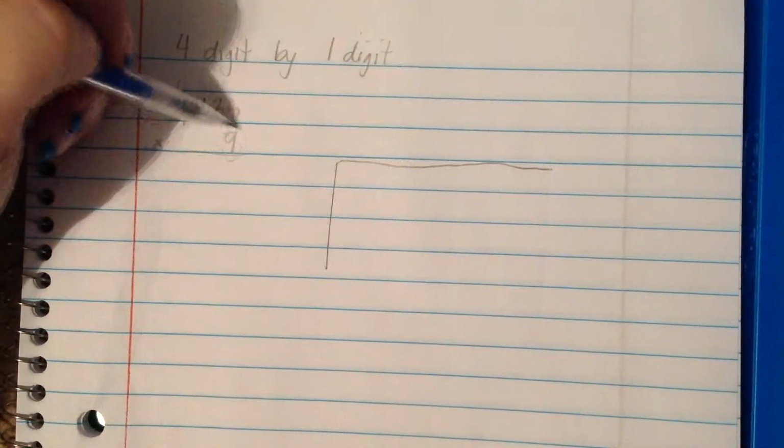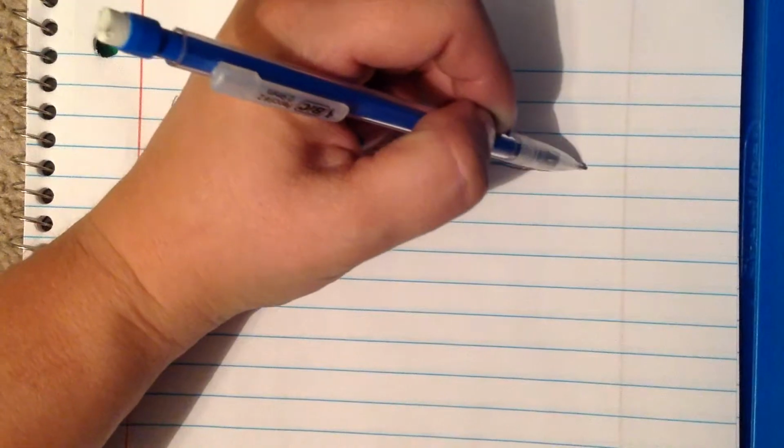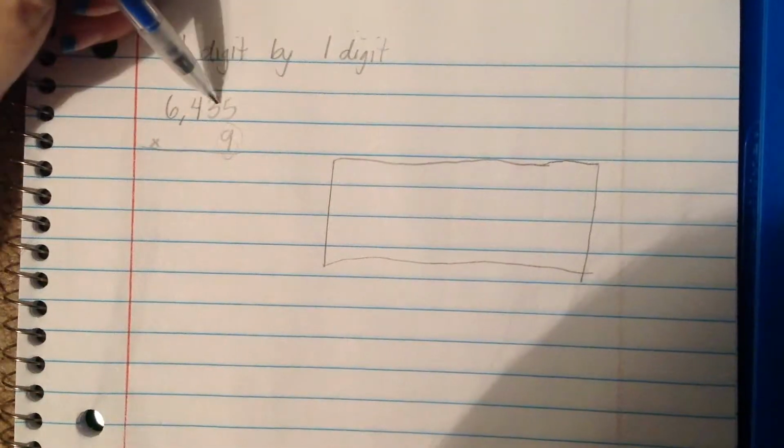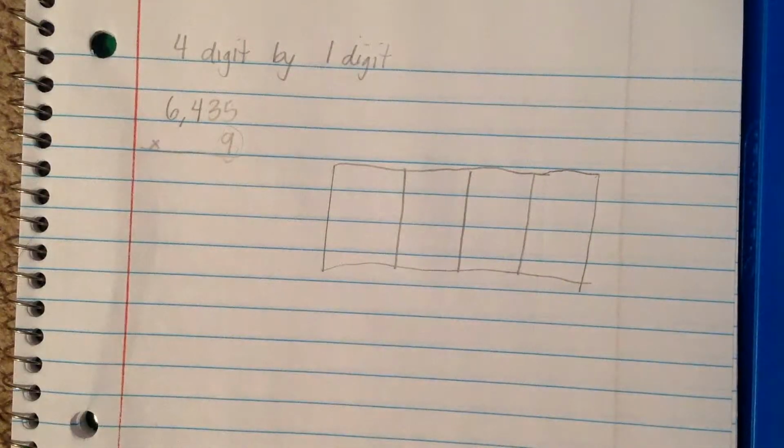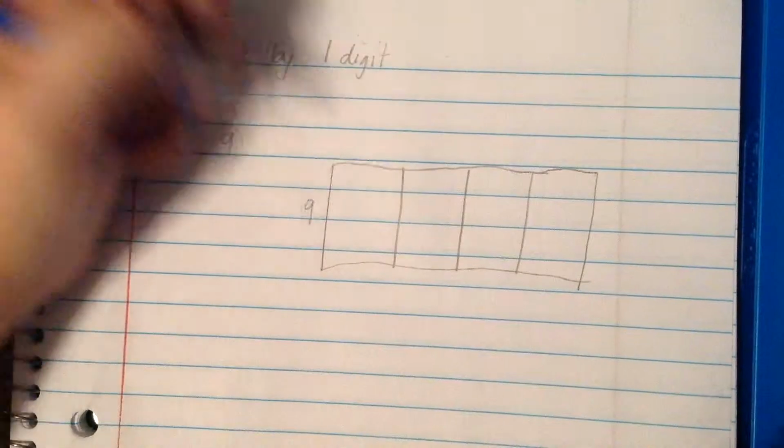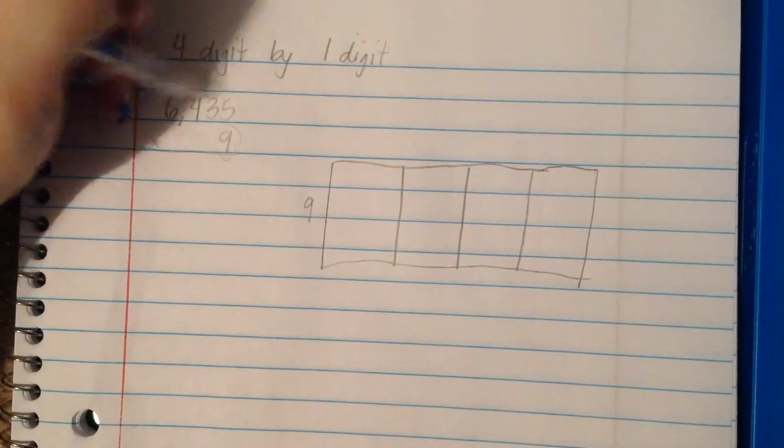It's the same principle we've done for all the rest of the multiplication. So I'm going to draw my area model. Because I only have one number here, I only need to draw one box vertically. But I need to divide this into 1, 2, 3, 4 parts. I know that my 9 goes here, and then I'm going to decompose this number.